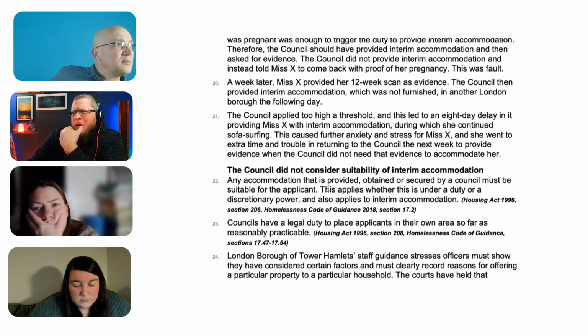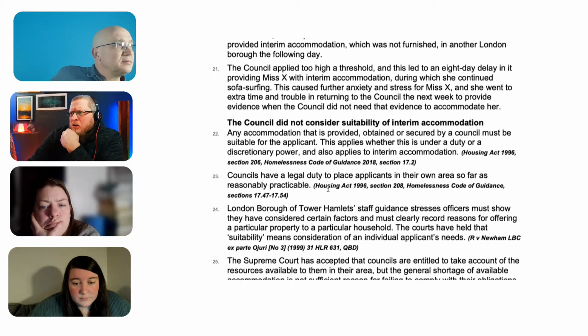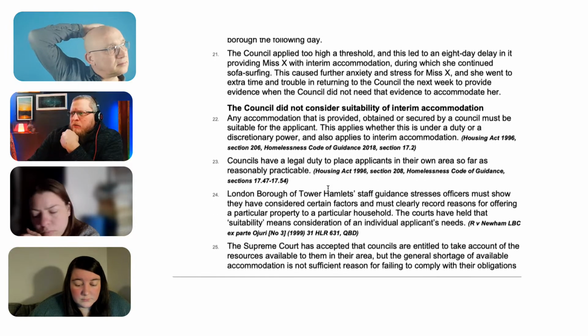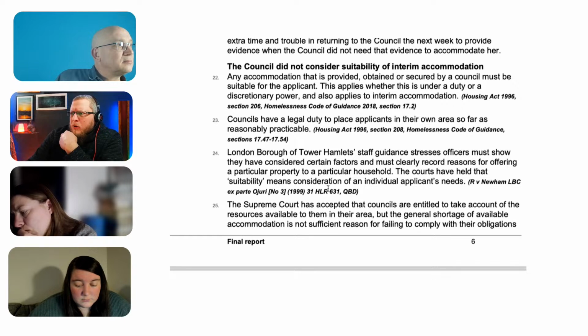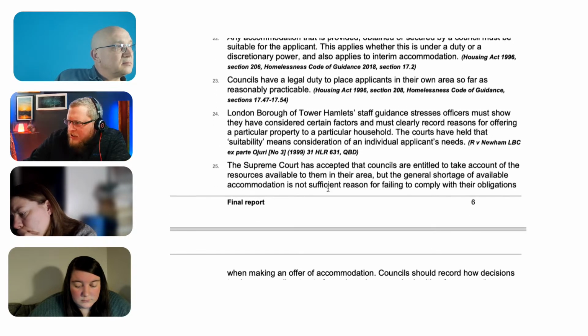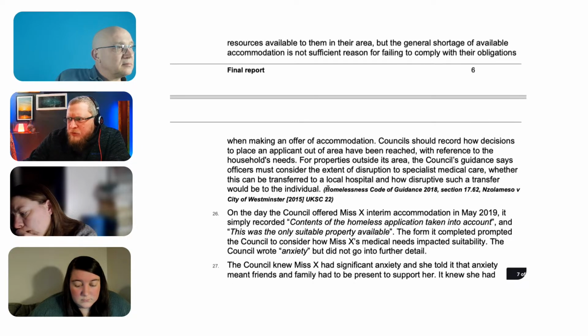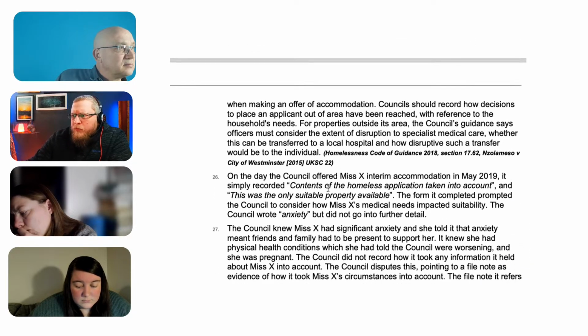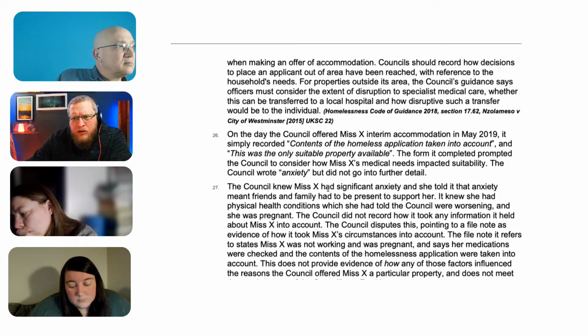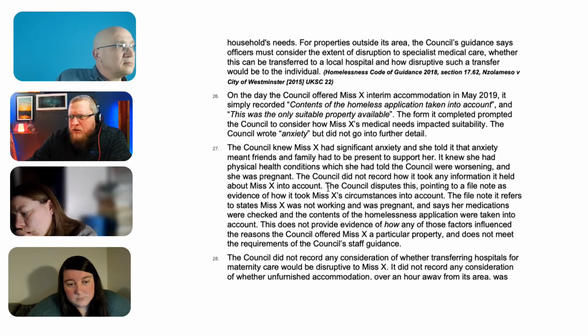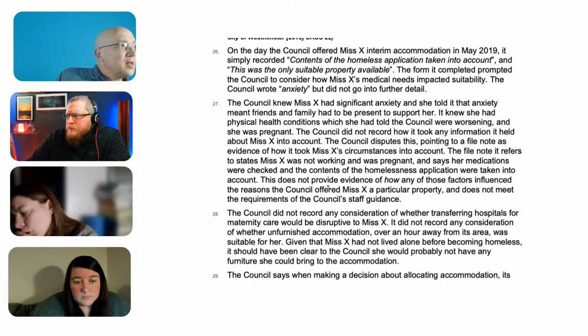That's my guess. And then there are subsequent delays in providing interim accommodation once she became homeless. But I'm guessing the inference is that the LGSCO said that had the council acted when it should have, it would have stopped her being homeless because there was some straightforward bit of work to do.